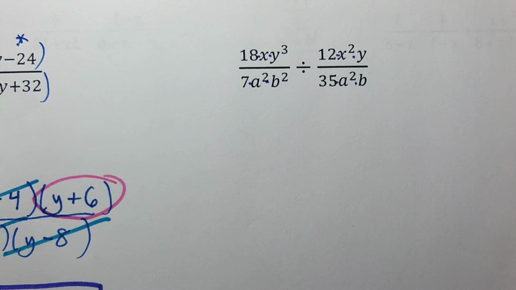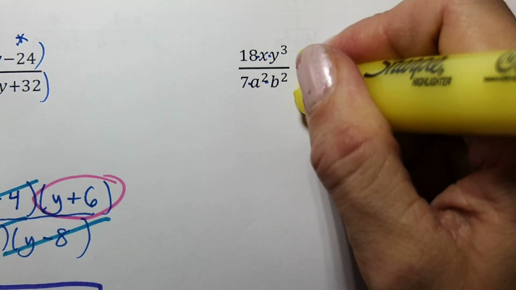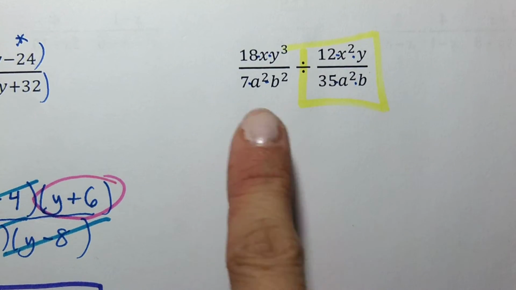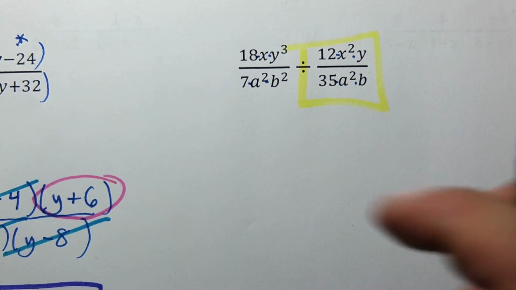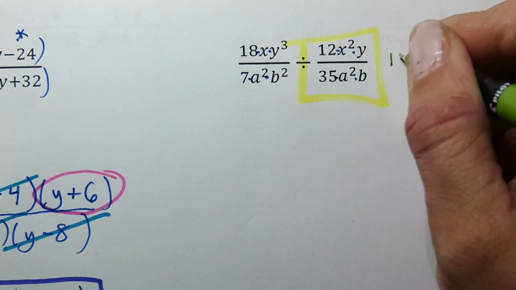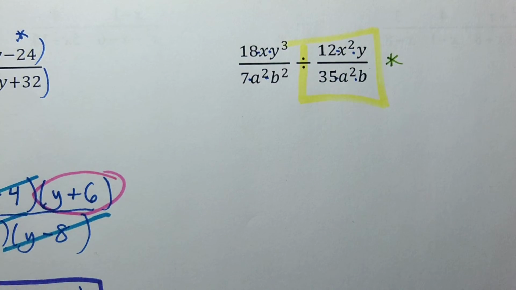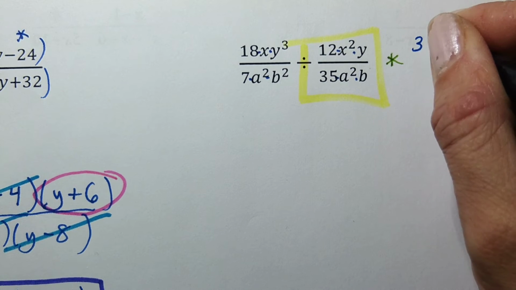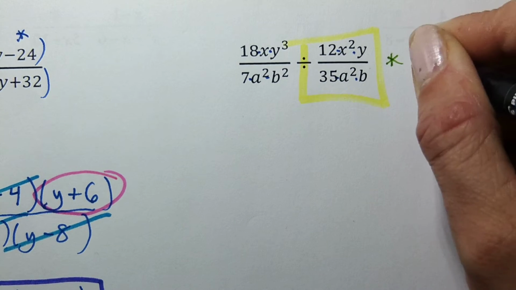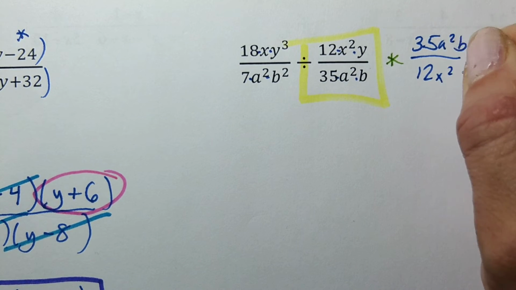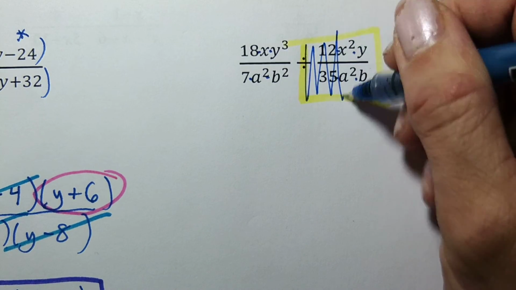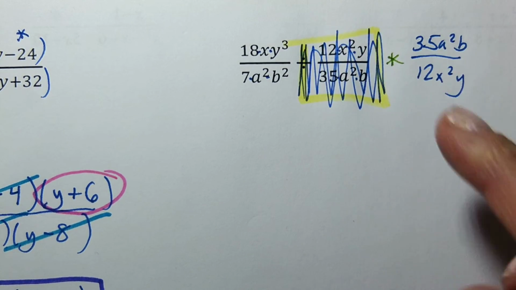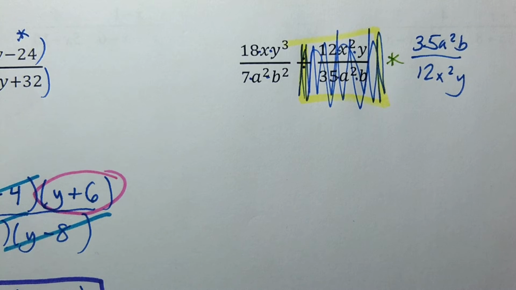So next we move to our operation. This is division. So we're going to keep the first fraction, change the division to multiplication, and flip the fraction. So 35a squared b on the top, 12x squared y on the bottom. Goodbye dividing, hello multiplying by the reciprocal.